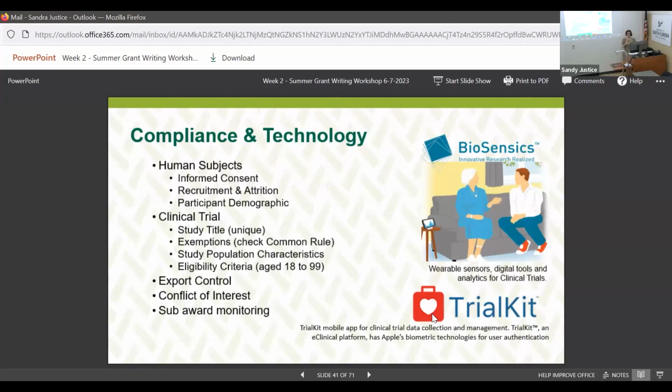They use digital tools and analytics and wearable sensors to tell the patient and the clinician how well a new pharmacological or a new intervention is working, right? The intervention may be different sleep patterns or a different eating pattern or walking. Interventions can be a number of things, but how do you measure it? And how do you make sure that you're collecting the data in the same way throughout the life of the project? Technology does a wonderful job of helping with that.